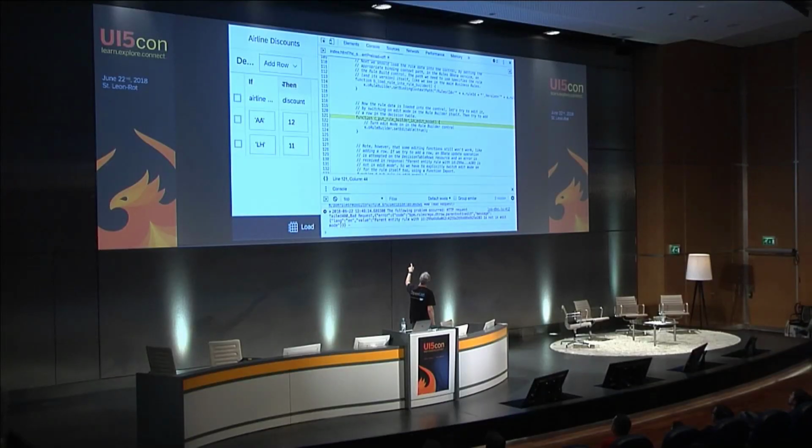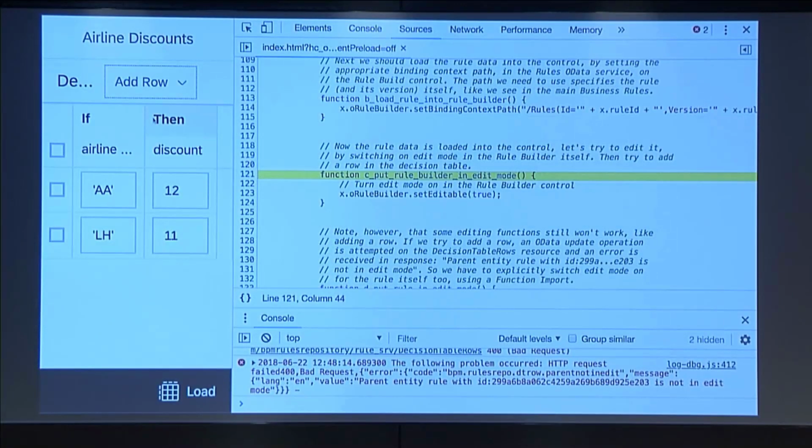And this tells us that the parent entity rule with ID 299A, the whole decision table itself, the whole rule, is not in edit mode. Ah, okay, so the rule builder has an edit mode, but also the rule itself in the business rules service has an edit mode, as in this rule is being edited or it's not being edited.